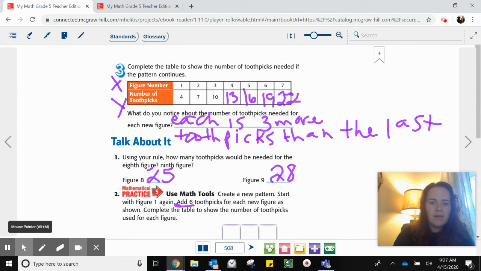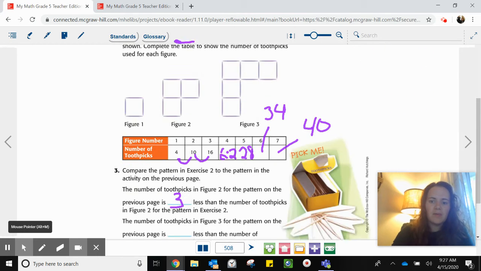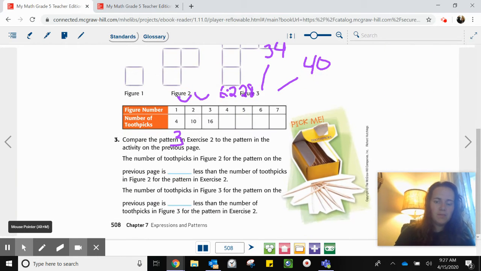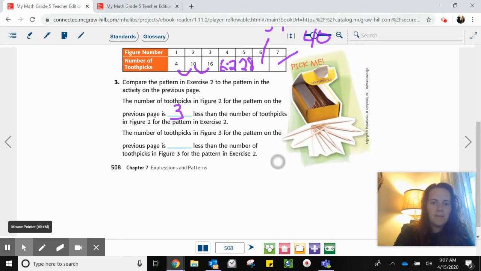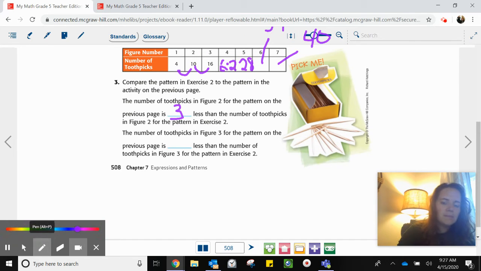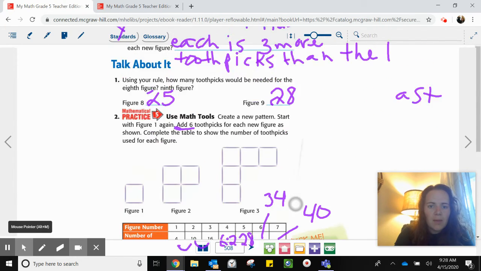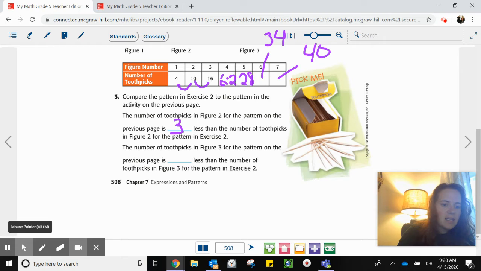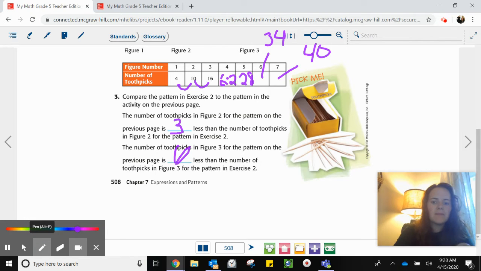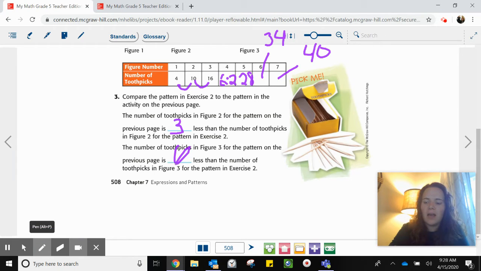In our first one, figure 3 had 10 toothpicks. This one, figure 3, had 16. I'm getting all mixed up. So, okay, 10 and 16, that means that it is 6 less than the number of toothpicks for figure 3 in exercise 2.